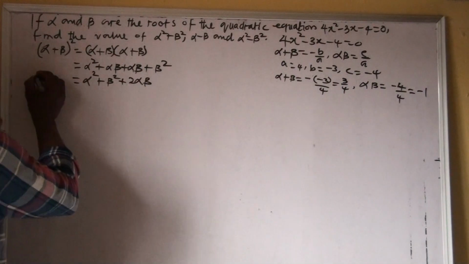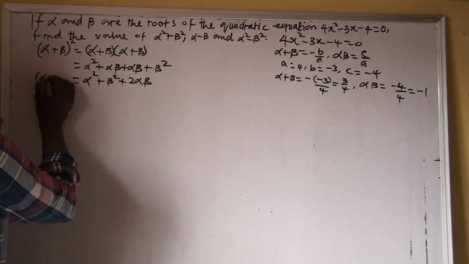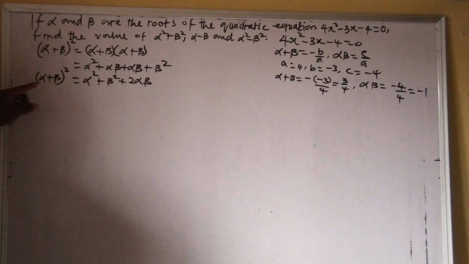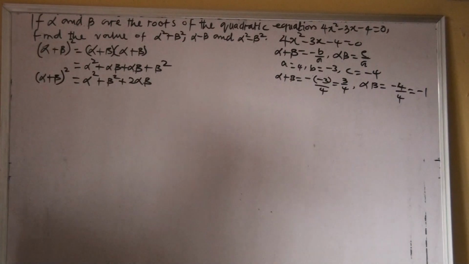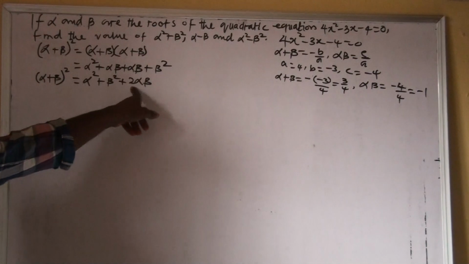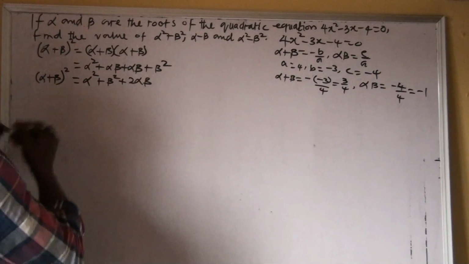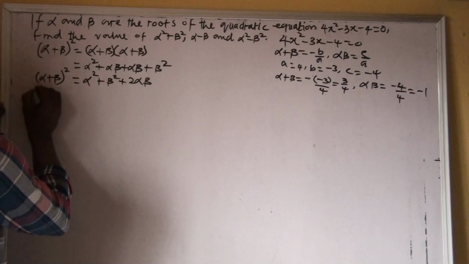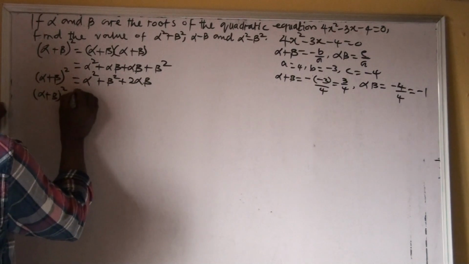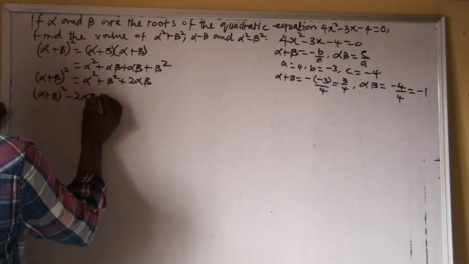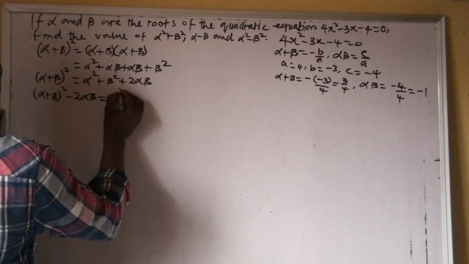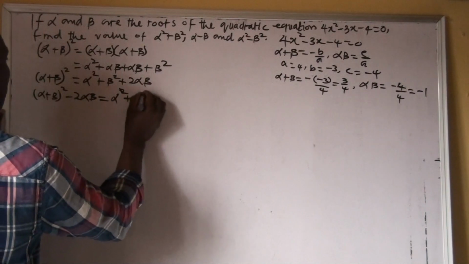So the left hand side is alpha plus beta all square. Because we are looking for alpha square plus beta square, we move plus 2 alpha beta to this side, so that we have alpha plus beta all square minus 2 alpha beta is equal to alpha square plus beta square.